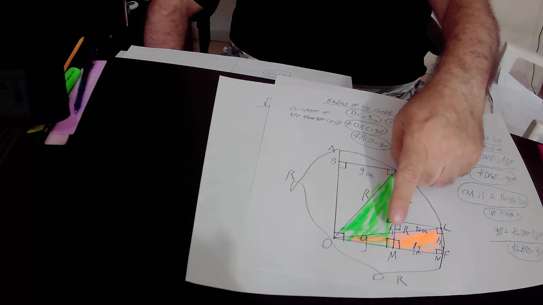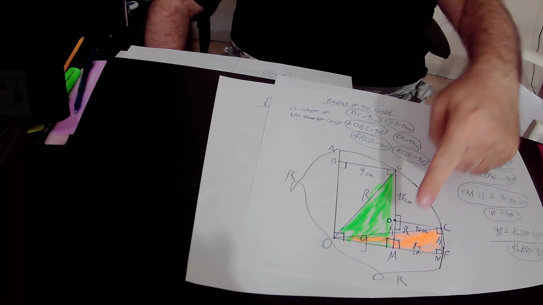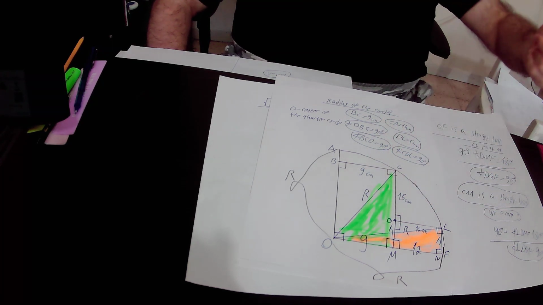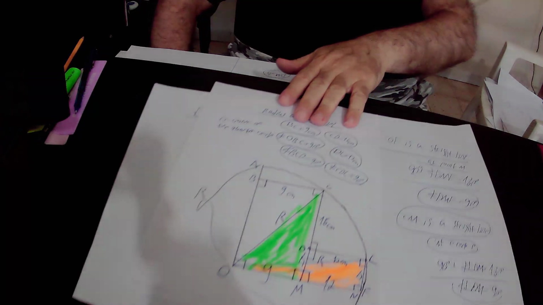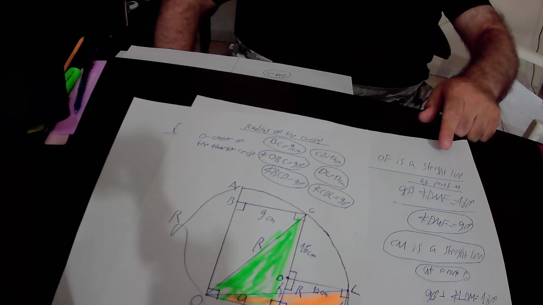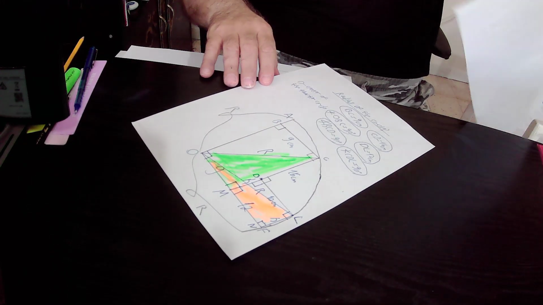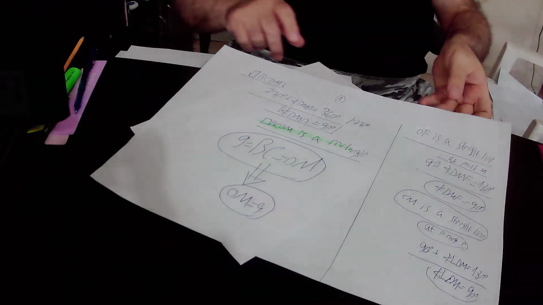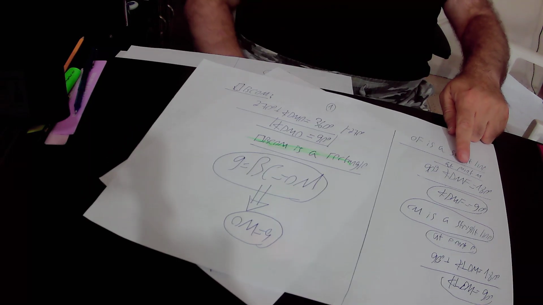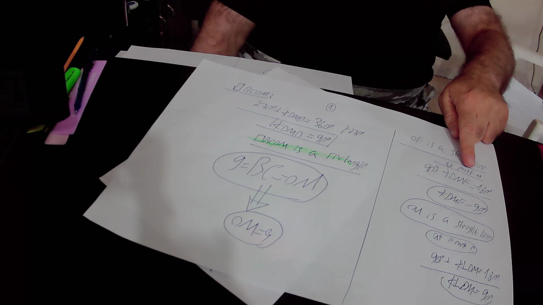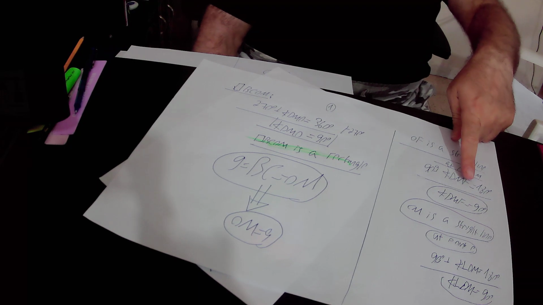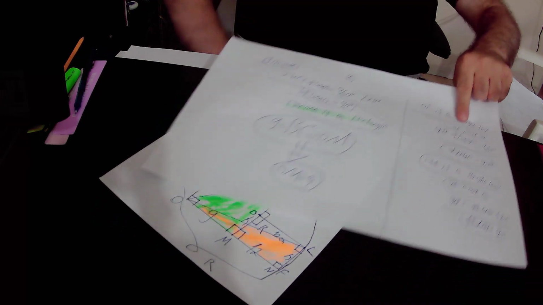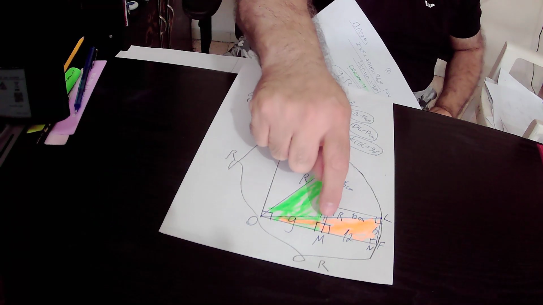We have this angle that is equal to 90 degrees plus angle DMF. In total, the sum of those 2 angles must equal 180 degrees. So 90 degrees plus the size of angle DMF must equal 180 degrees. We subtract 90 degrees from this equation, and we find that the missing angle DMF equals 90 degrees.